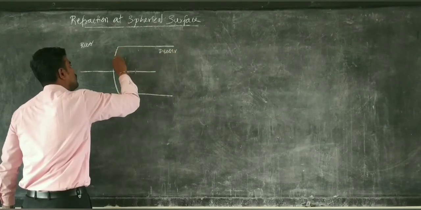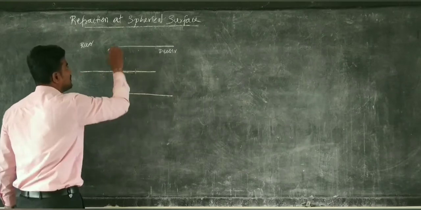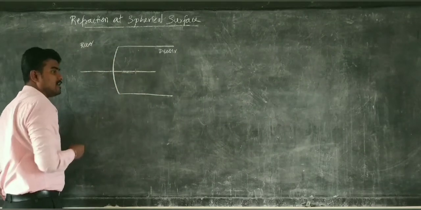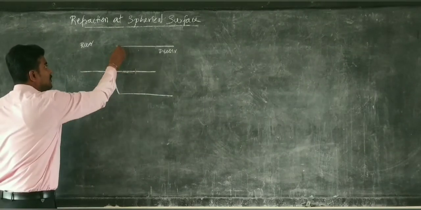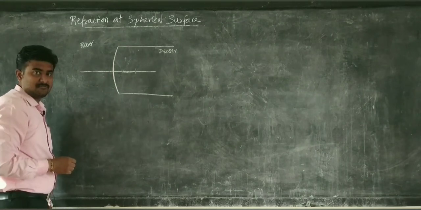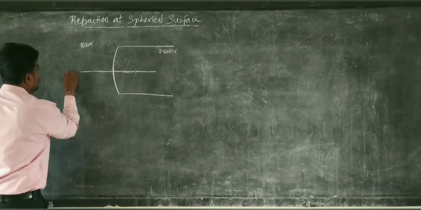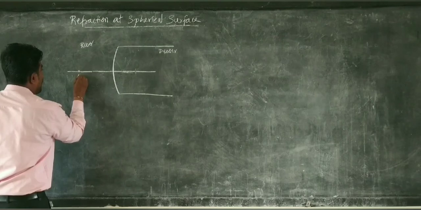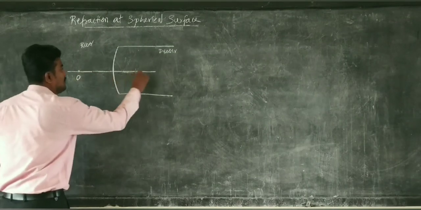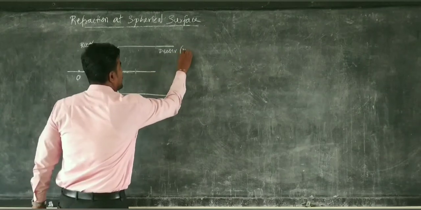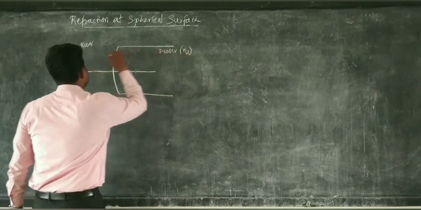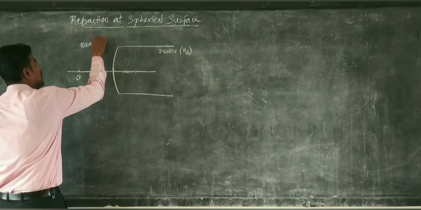The convex side of this surface is towards the rarer medium, therefore this is a convex refracting surface. Let us consider one point object O. O is a point object and this is the principal axis. Denser medium refractive index is N2, rarer medium refractive index is N1.